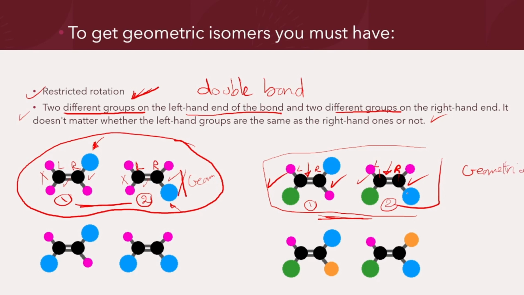In geometrical isomerism, we say that one of them is cis and the other is trans. Whenever we have two geometrical isomers, one of them is cis and the other is trans. Which is cis and which is trans, we will discuss this later.